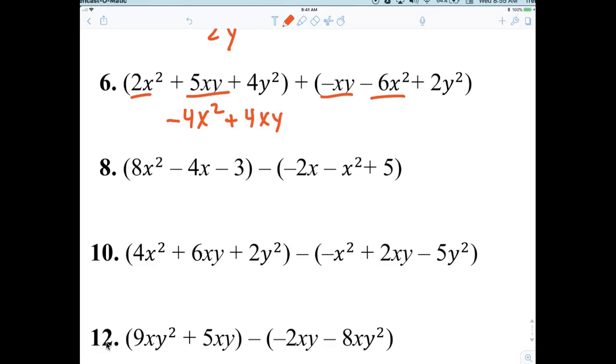Then that would be plus 6y squared. Come on, that's easy. Why did you change the sign? What is 2x squared minus 6x squared? What's 2 minus 6?